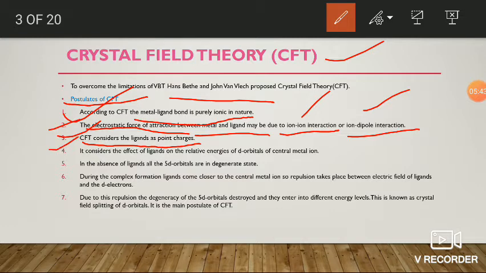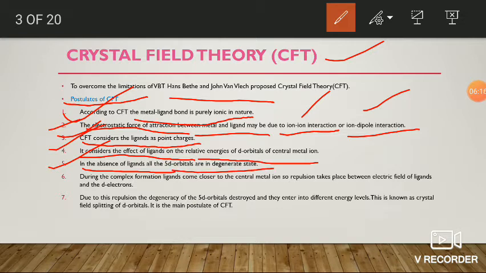Next, it considers the effect of ligands on the relative energy values of the d orbitals of the central metal ion. In the absence of ligands, or in pure form of the metal ion, all the 5 d orbitals are in degenerate state.